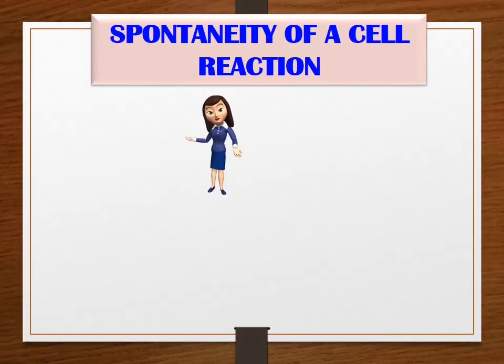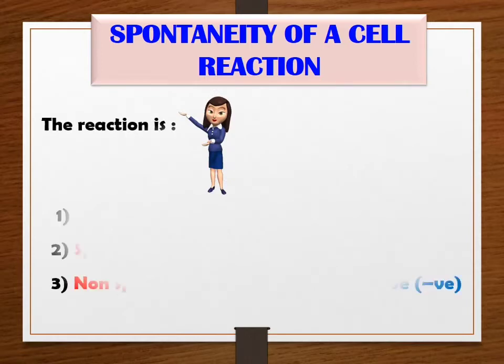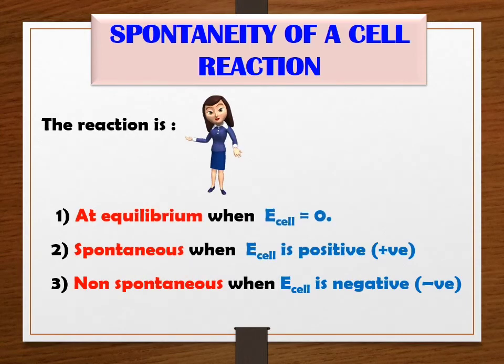Now we look at the spontaneity of the cell reaction. This is after you calculate the value of cell potential. If you get a cell potential equal to 0, it means that the reaction occurs at equilibrium.